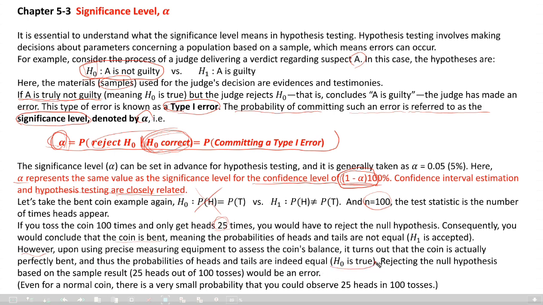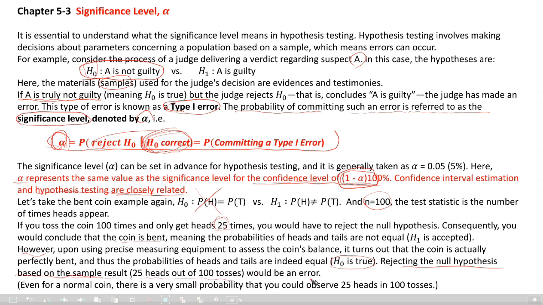In other words, H0 is true. But you rejected H0. So what? You made a type 1 error. Rejecting the null hypothesis based on your sample result, 25 heads out of 100 tosses, would be an error.